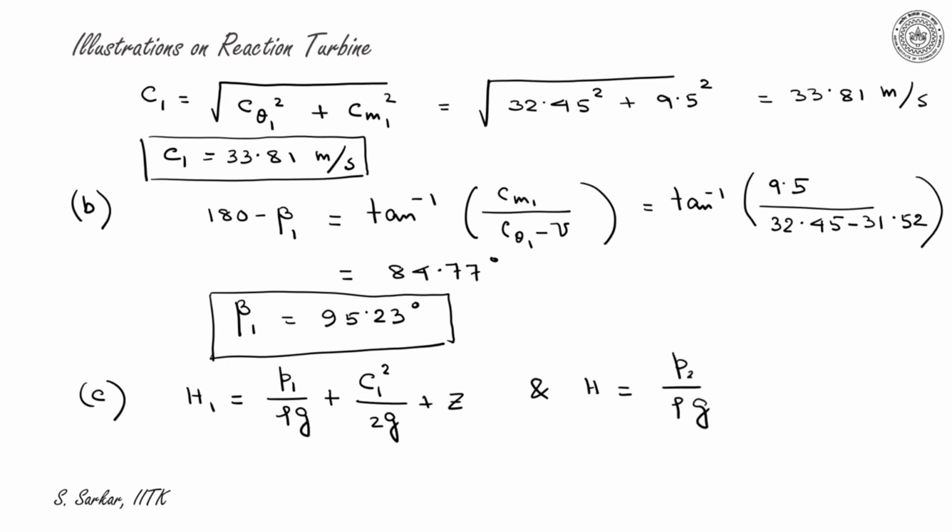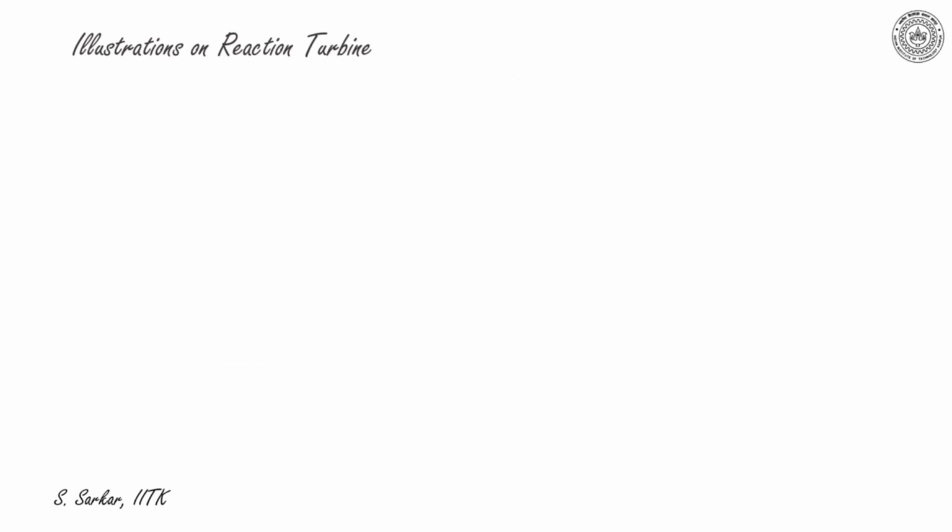Hence, H1 minus H2 can be stated as del H across the turbine, equal to P1 minus P2 divided by rho G plus C1 square minus C2 square divided by twice G plus Z1 minus Z2.